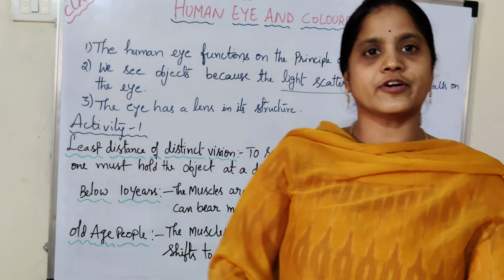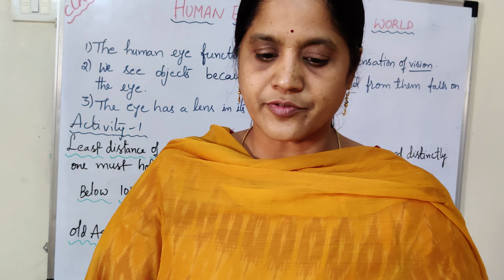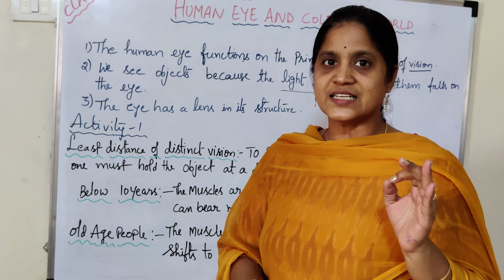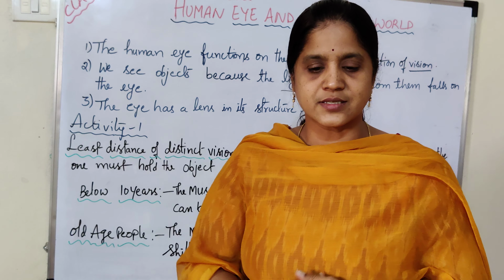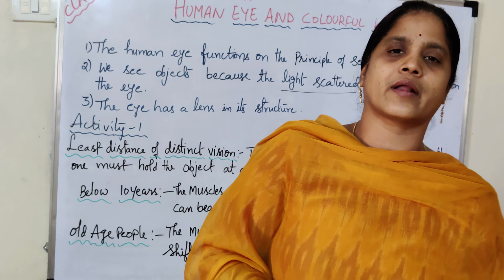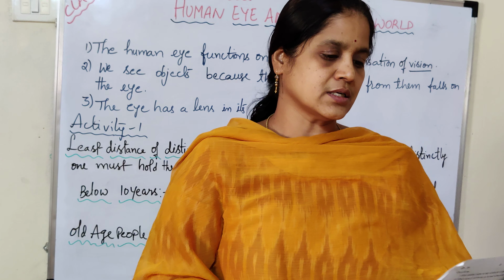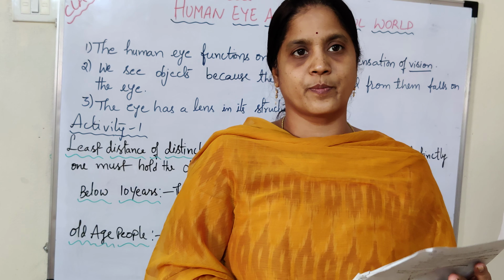Now first I'll start with activity 1. What is that activity 1? We have to find the least distance of distinct vision. For this, just take a newspaper or any book and place it, and try to read it.